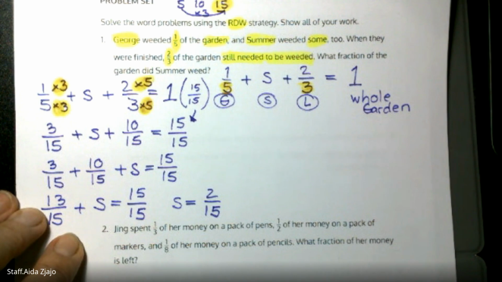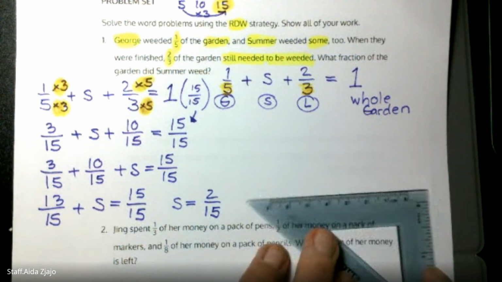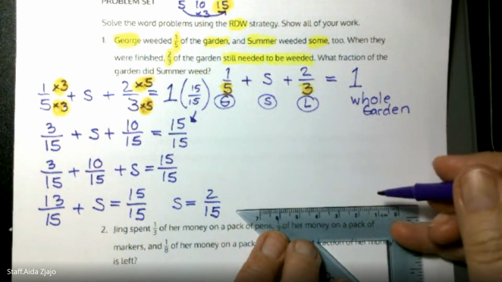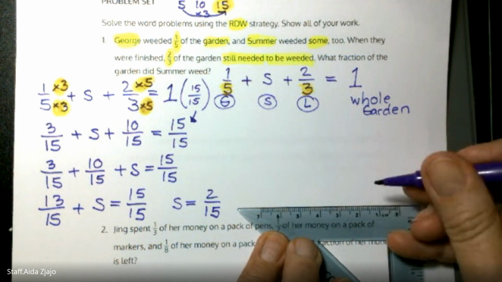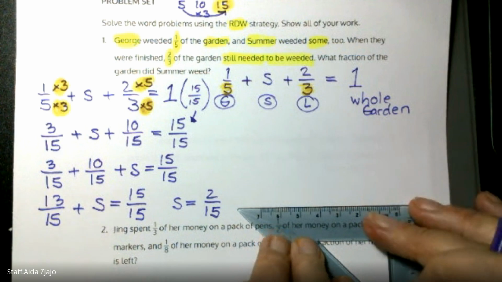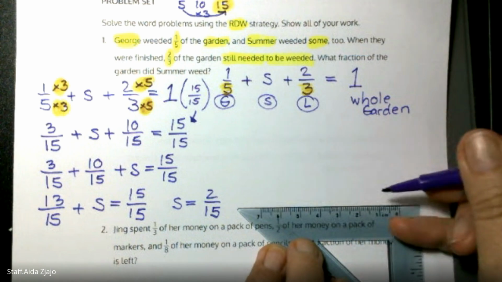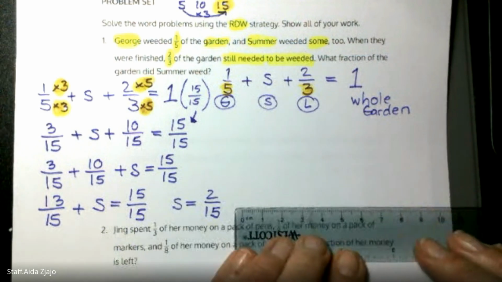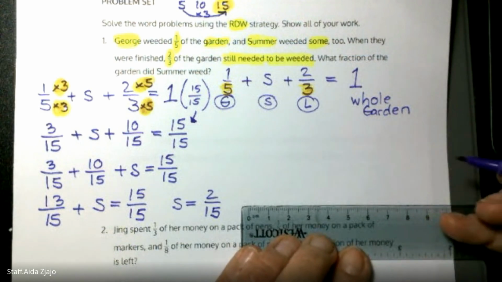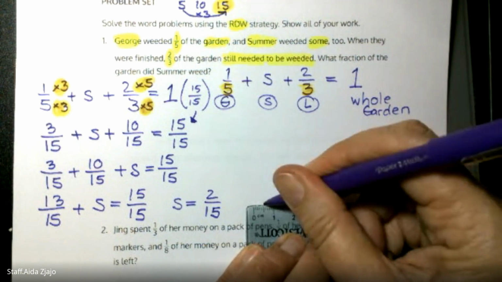So how can we show that in a picture? We can see that the whole garden would be, let's see, if we have here 2, 4, 5. Let's do. Okay. So it's hard to create a picture.